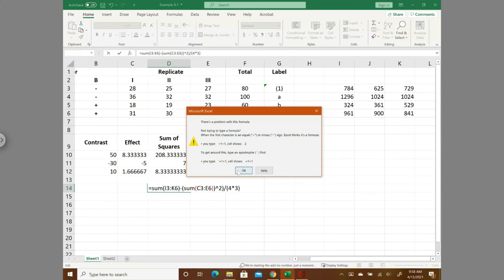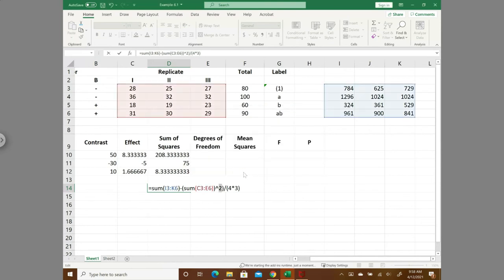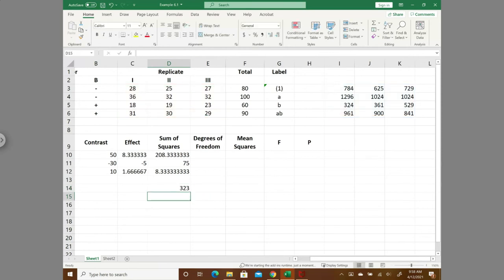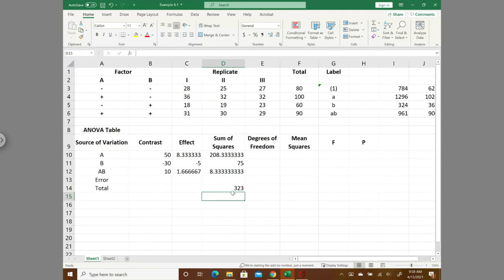Okay, we have some mistake here. Let's see in the formula. Let's see where the mistake is. It looks like there is an extra term. Okay, I think that's good. So the total sum of squares is 323, and to calculate the sum of squares for error, you can add these three and subtract them from 323.